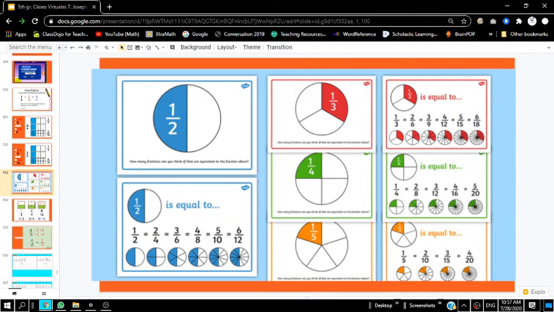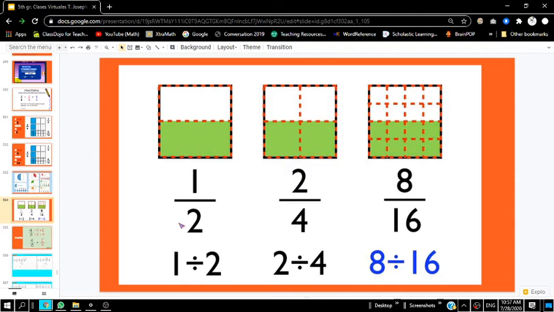Let's take a look at one more example. If we have 1/2, I know that that's the same as 2/4, which is the same as 8/16. Basically what we're doing is we're separating these parts out into smaller sections, but the amount that's being represented is not any different.